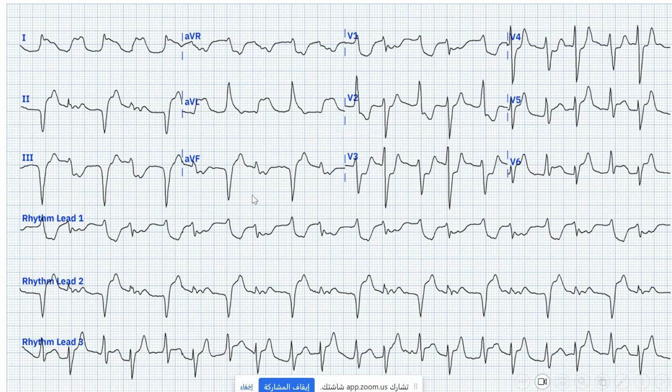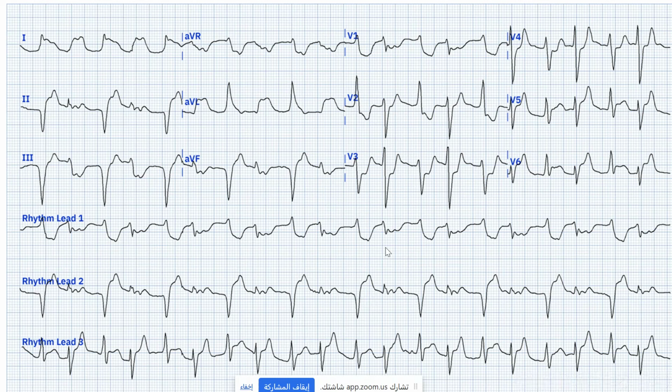The main cause of this in this particular patient is digoxin toxicity. So you are right in the last part of your answer. It's digoxin toxicity, but it's causing what we call bidirectional ventricular tachycardia. Yes, I know it's a tough ECG, but forgive me for this.